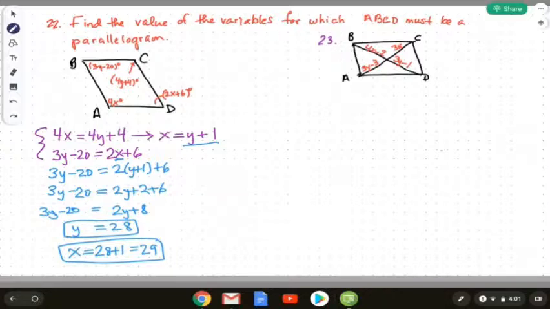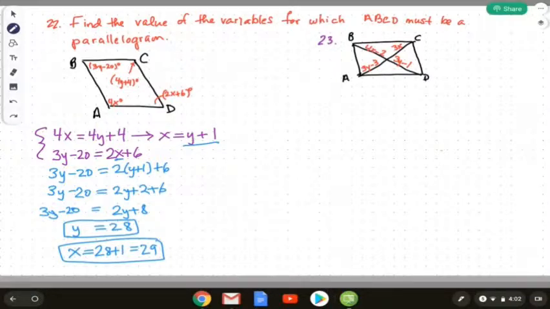Now to the next problem, we don't have angles, we have diagonals. And remember that in our theorems, we knew that for parallelograms the diagonals bisect each other.